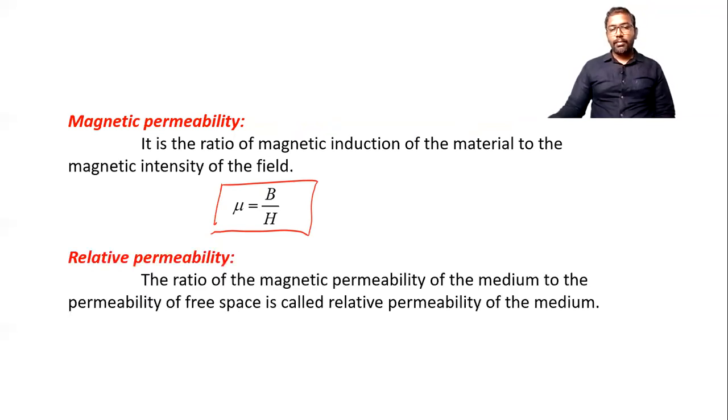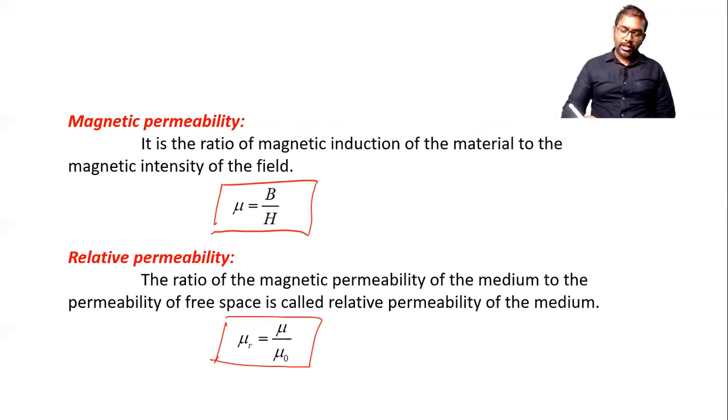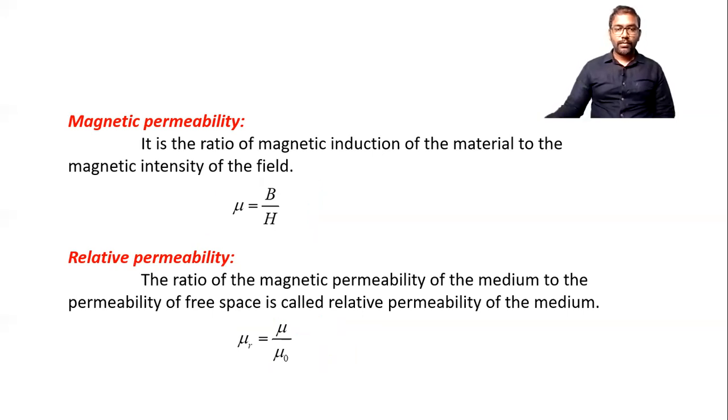Relative permeability is the ratio of the magnetic permeability of a medium to the permeability of free space, and it is represented by mu subscript r. You can see mu r is equal to mu by mu 0, the permeability of the medium to the permeability of free space.